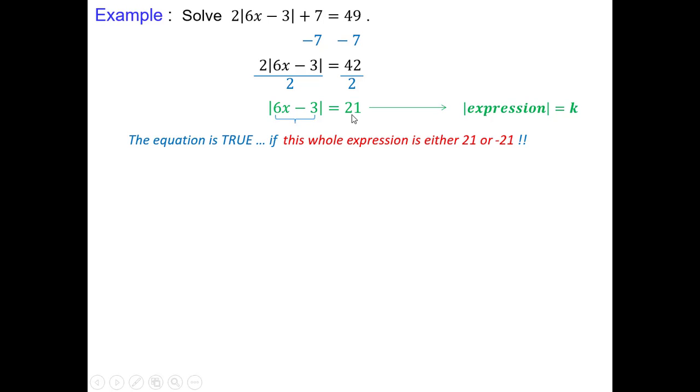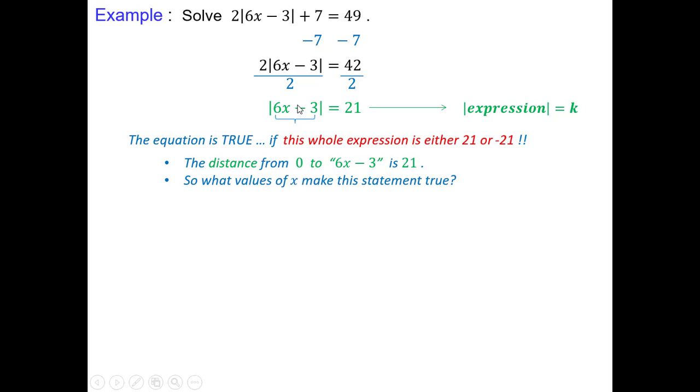So all we need to do in order to solve is separate this into 2 separate equations, because we're saying that the distance between 0 and the expression 6x minus 3 has to be 21. So we simply set that quantity to 21 and to -21. And now we've got 2 separate equations to solve.